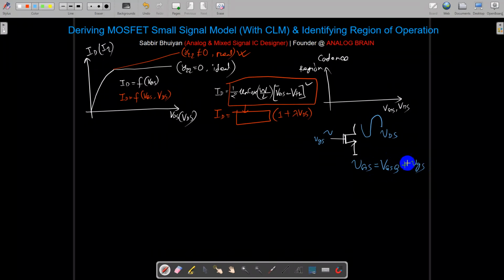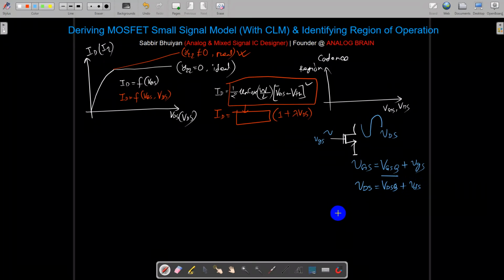The small v with capital subscript means the total effect, and the Q term is your quiescent point or bias. It is also applicable for VDS, which is nothing but VDSQ plus a small vds.